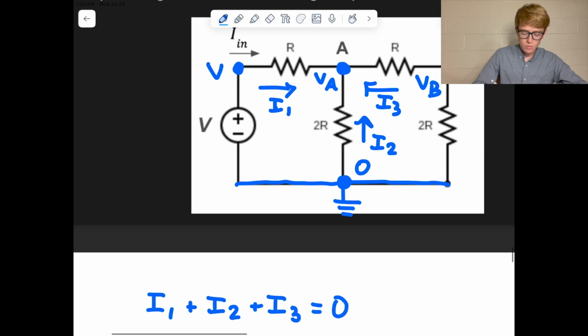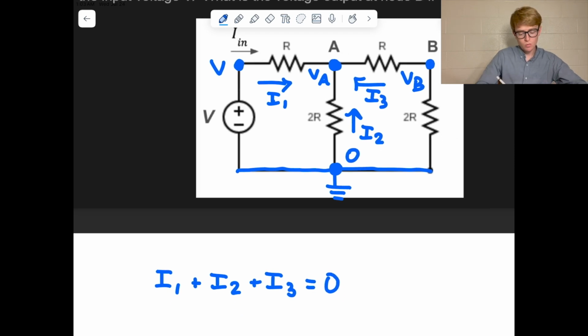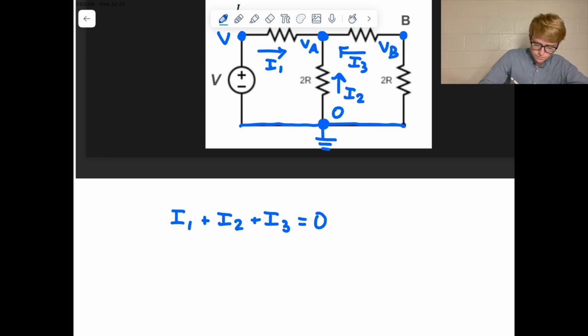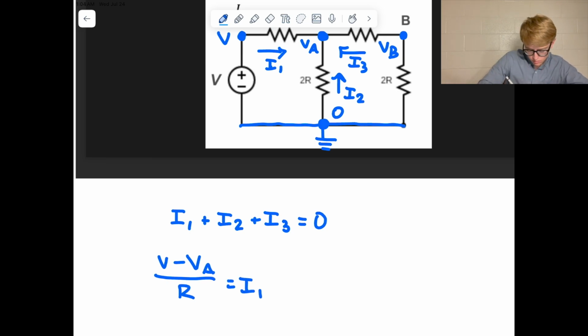So by Ohm's law, we can say that the voltage drop across this resistor over the resistance is equal to the current through that resistor. So I1 will then be V minus VA over R by Ohm's law. So that would be I1, for example. Okay?